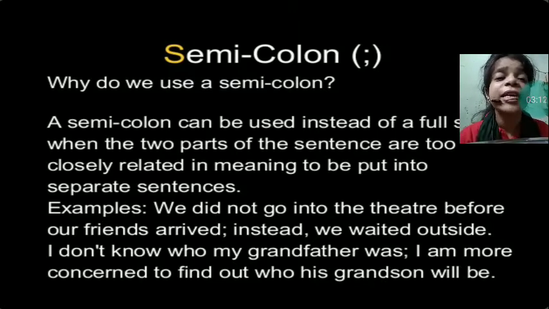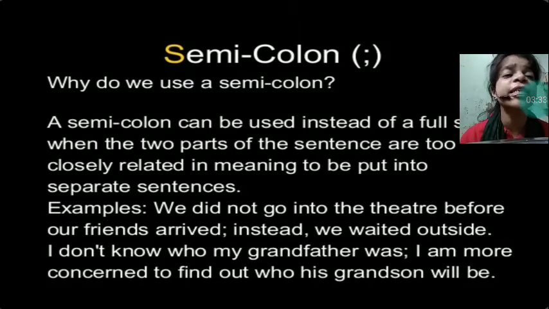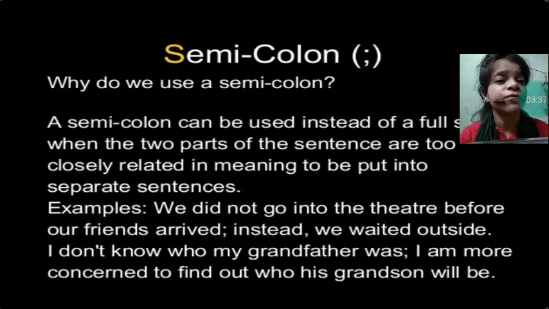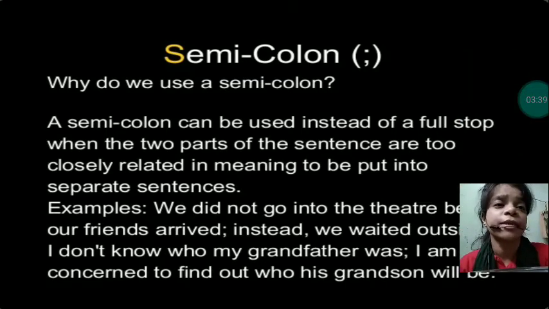Why didn't they enter the theater, why were they waiting for the friends? Because they hadn't arrived. So both statements denote the same thing. They are related, they are interconnected. That's why a semicolon will be used to separate them.